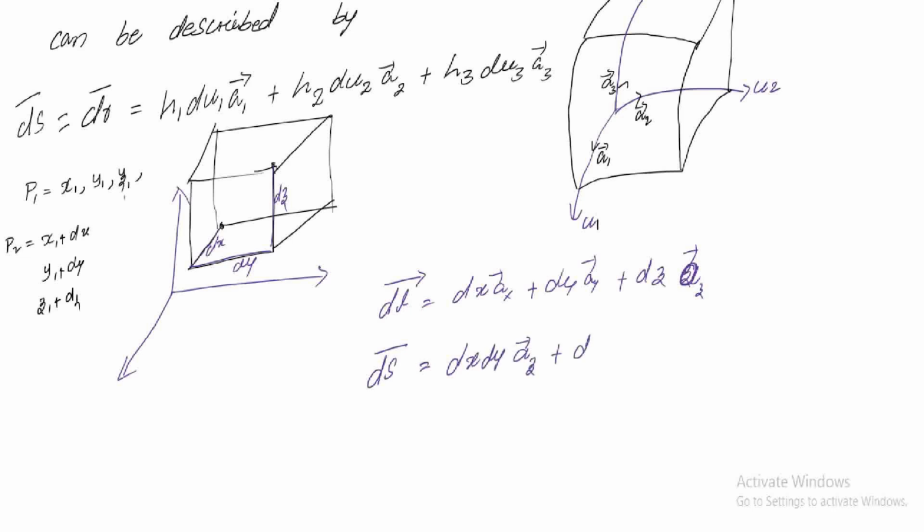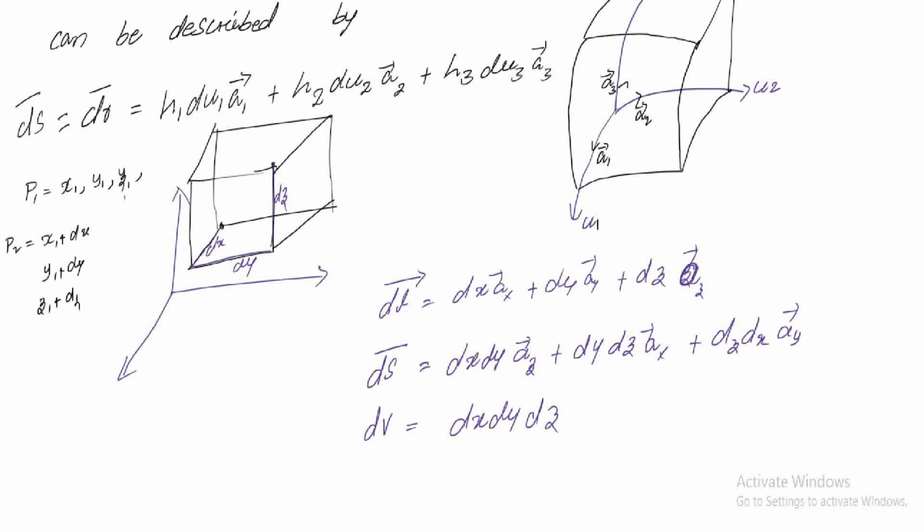So by using the remaining coordinates, we need to identify whether it is cylindrical or spherical. If the second and third coordinates are theta and phi, it is spherical. If they are phi and z, it is cylindrical.